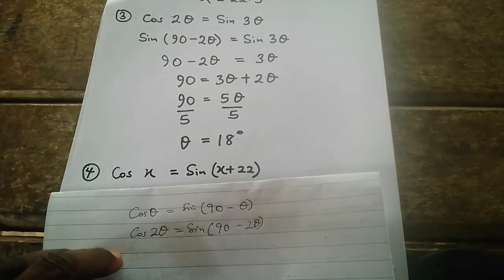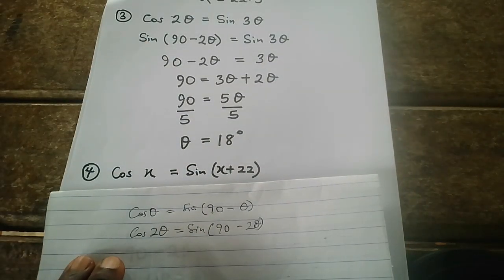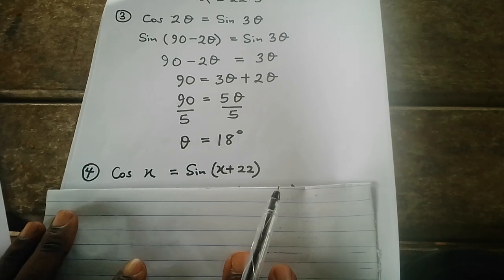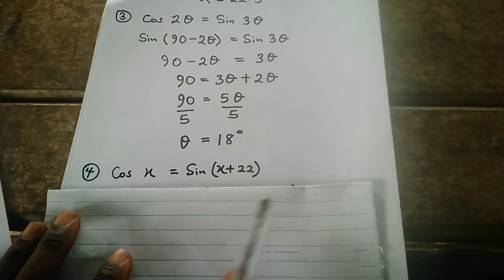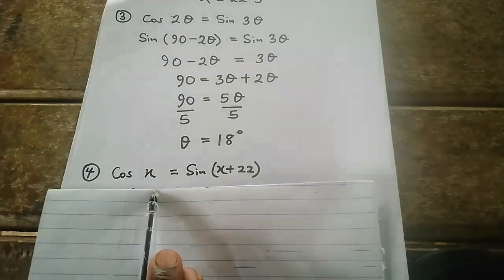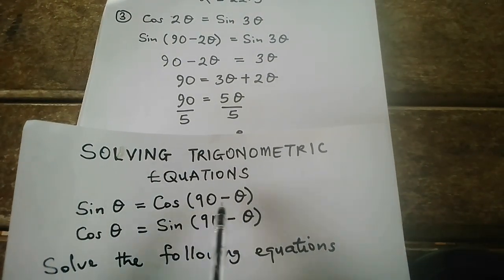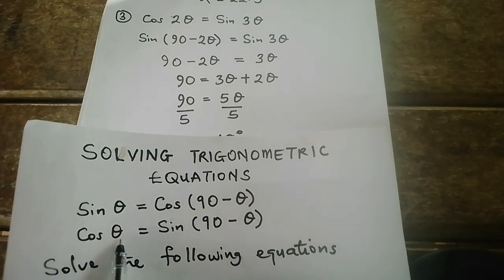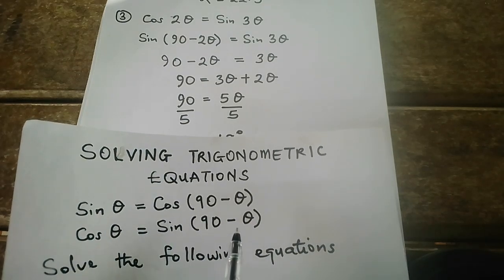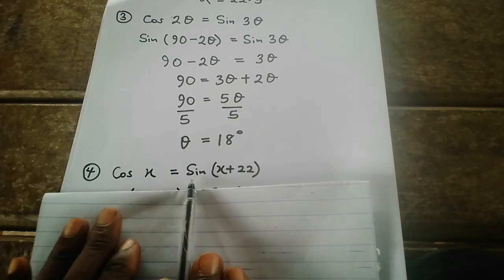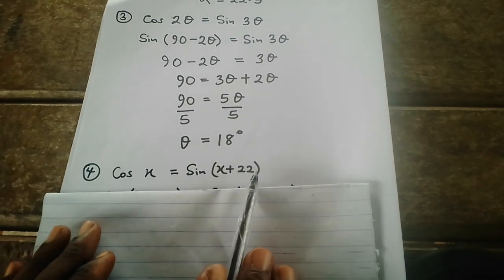You are having cos x equals sine x plus 22. Now, you realize from the identity we said that sine theta equals cos 90 minus theta, and cos theta is equal to sine 90 minus theta. So here you are having cos x equals sine x plus 22.